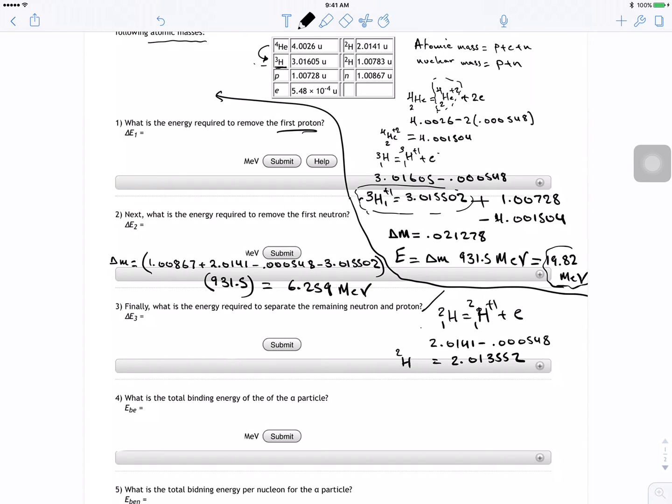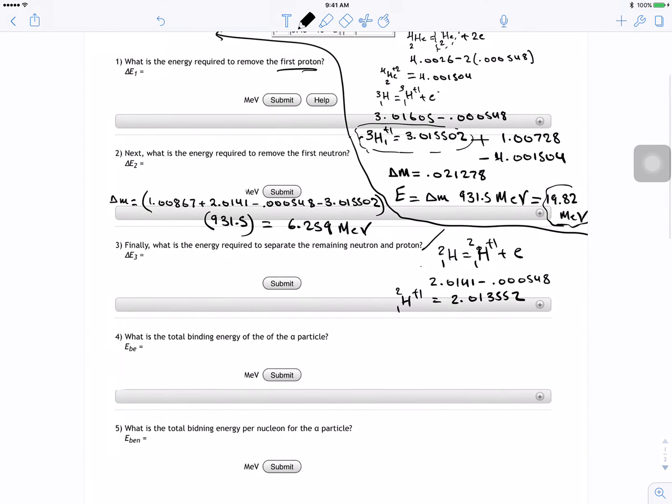That's the H 2, 1 plus, without the electron, since we're looking at nuclear mass.